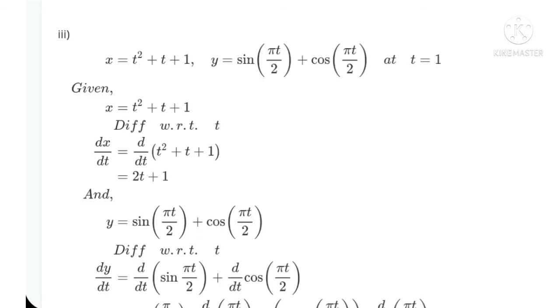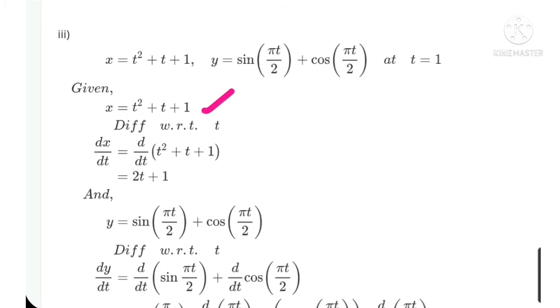See question number 3. X is equal to t square plus t plus 1 and y is equal to sin pi t upon 2 plus cos pi t upon 2 at t is equal to 1. First you take x is equal to t square plus t plus 1. Differentiate with respect to t. Here which parameter is present? T is present.